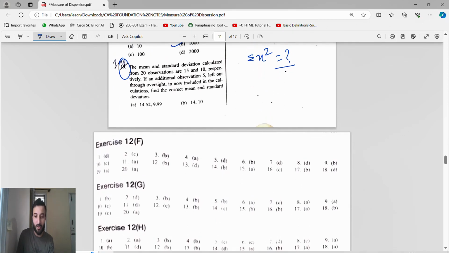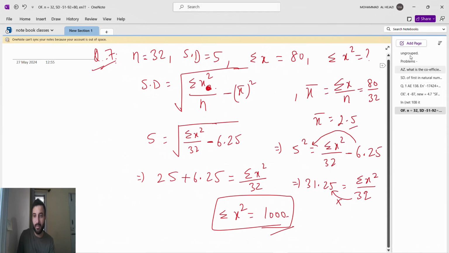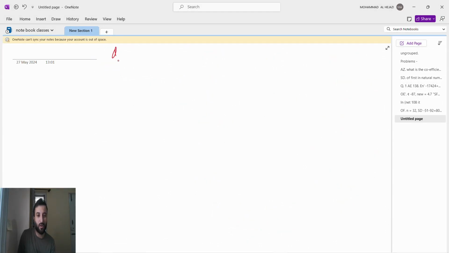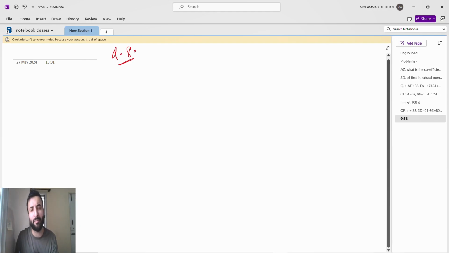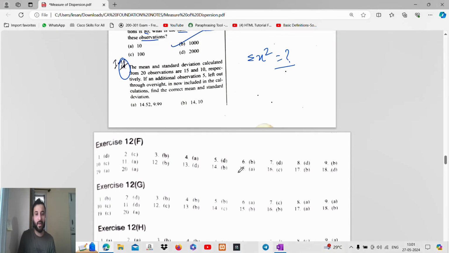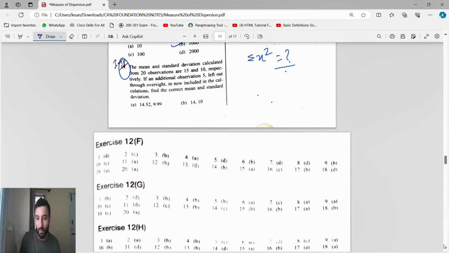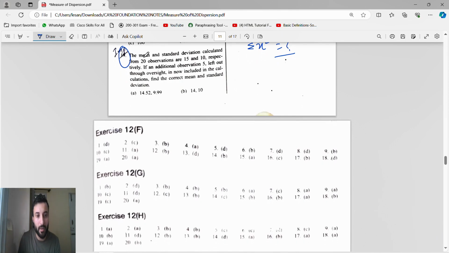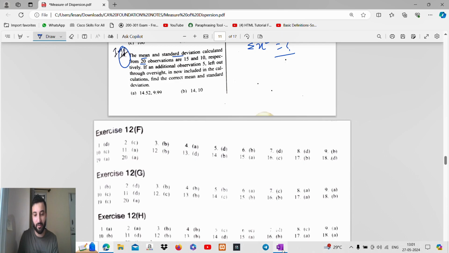Okay, the last question, question number 8. From this question only they will ask, guys, they will just change the values; the patterns and all will remain the same. Question number 8 is, see this. The mean and standard deviation calculated from 20 observations.